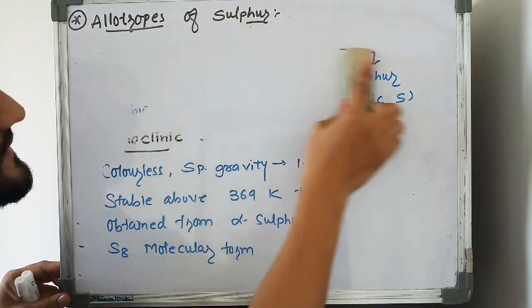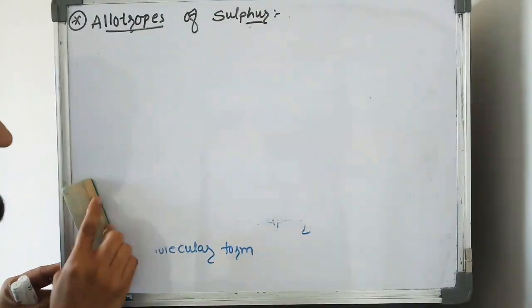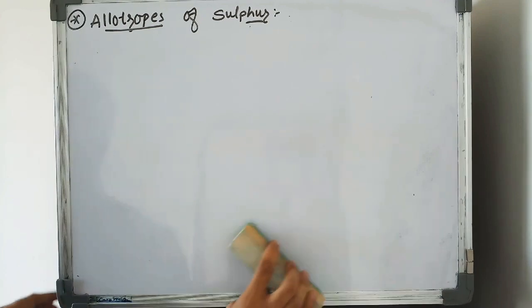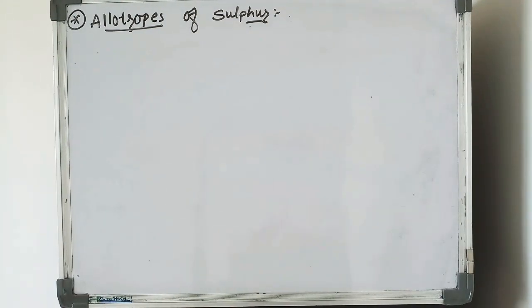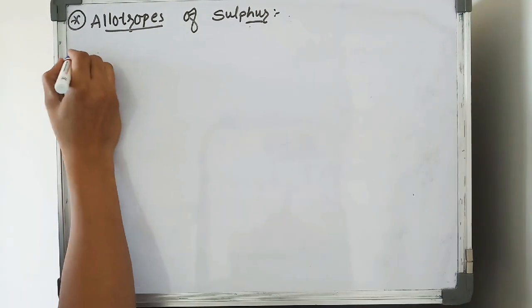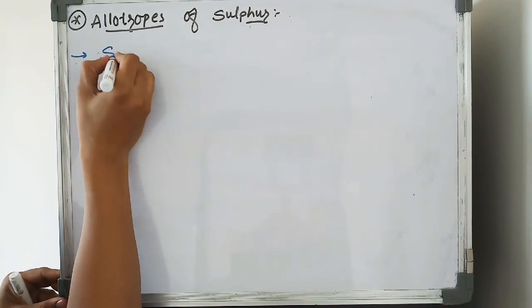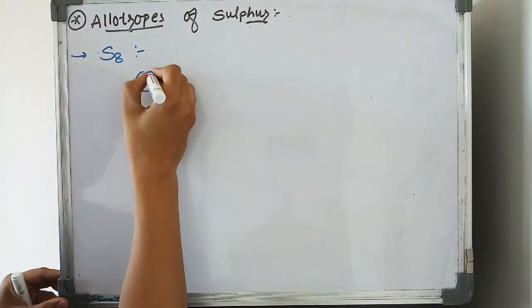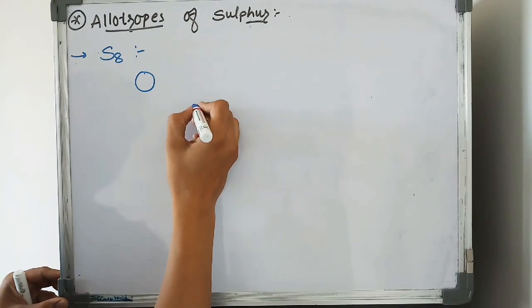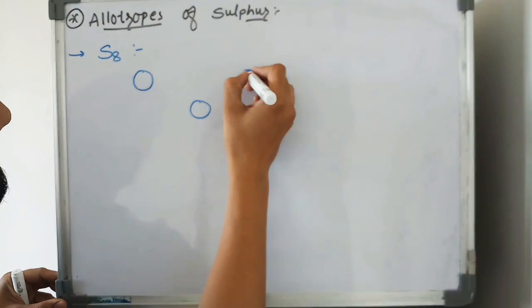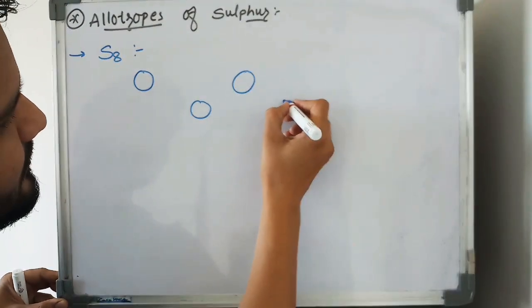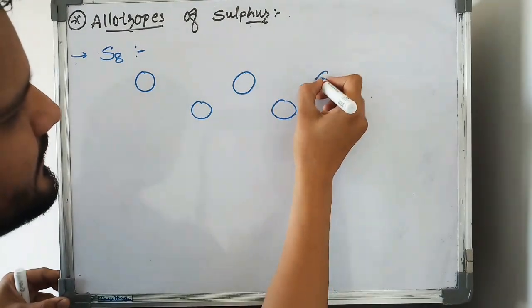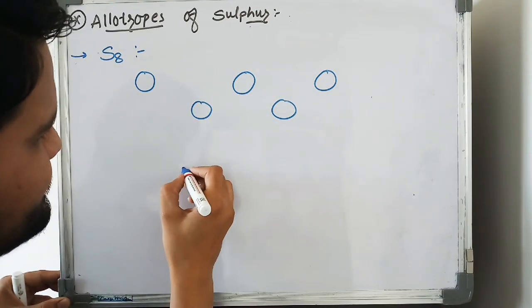So let us see the structure of the S8 molecular form. It possesses this type of shape.